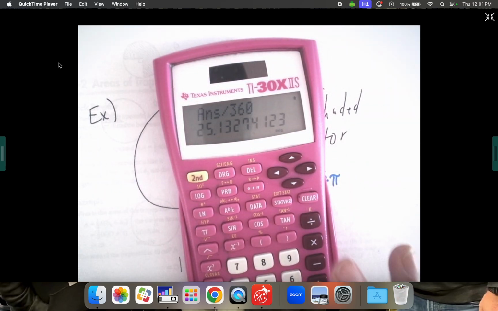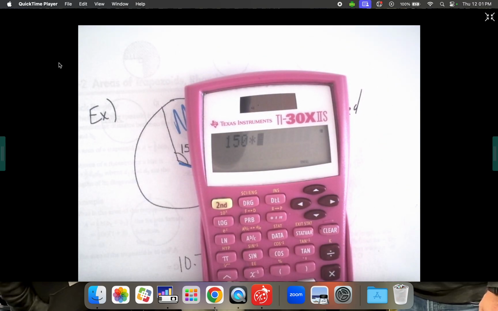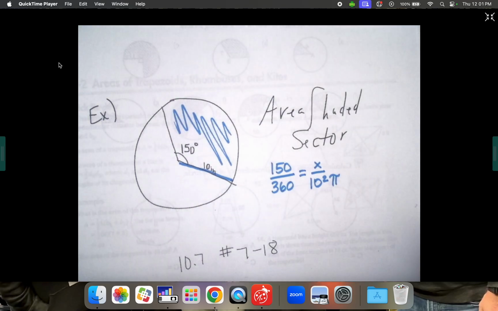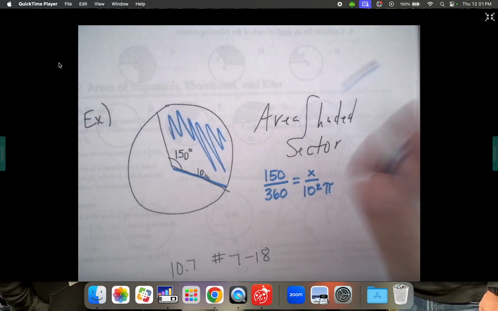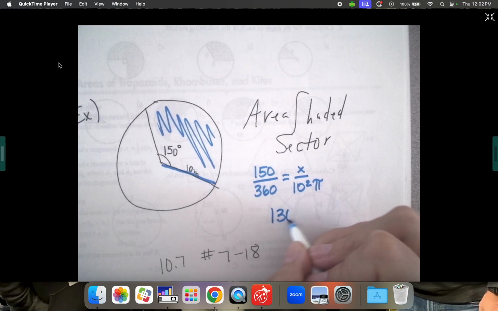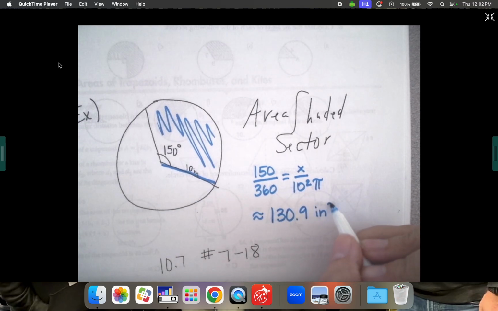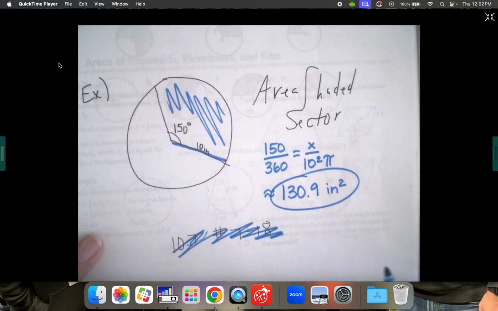So 150 times 100 pi, because I went ahead and squared 10, and that big number is divided by my 360. So about 130.9. Okay, and that's an area, so it's square inches.